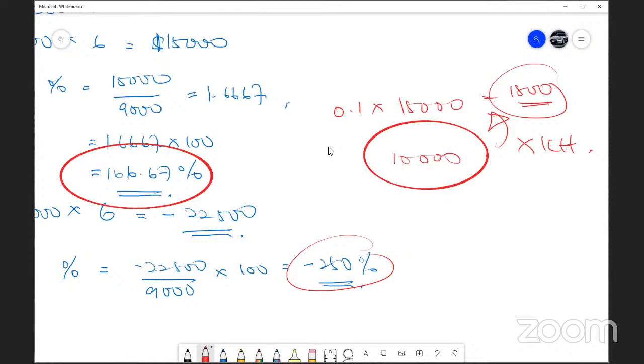In that case, your $10,000 can buy 6 of these contracts at the minimum level of payment, which is $1,500 per contract. So this means you're using leverage: using $10,000 to buy 6 $15,000 contracts. 15,000 times 6 is how much? This is $90,000.